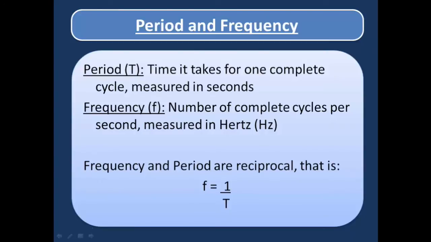And the frequency is actually equal to 1 over the period. And this shouldn't be overly surprising, because if you take a look at the units of frequency, you'll notice that they're in cycles per second. And if we go 1 over cycles per second, we'll get seconds per cycle, which is exactly what our definition of period suggests. It's how many seconds it takes to complete a cycle. So these two are reciprocal to each other.